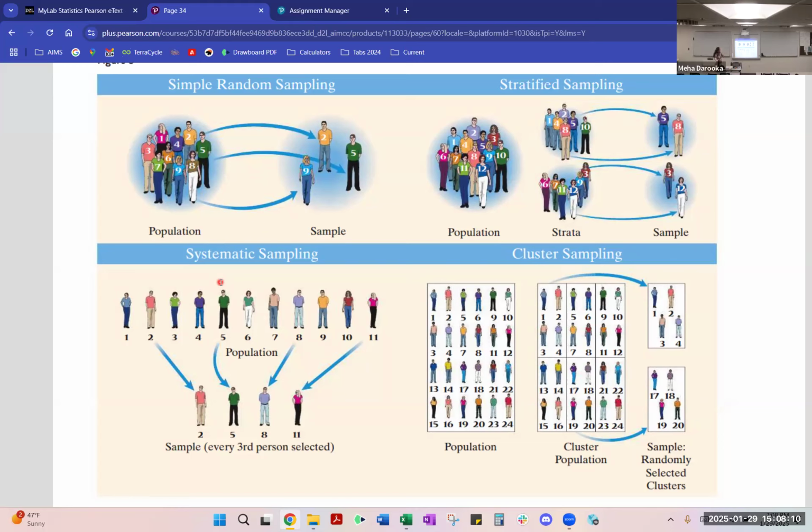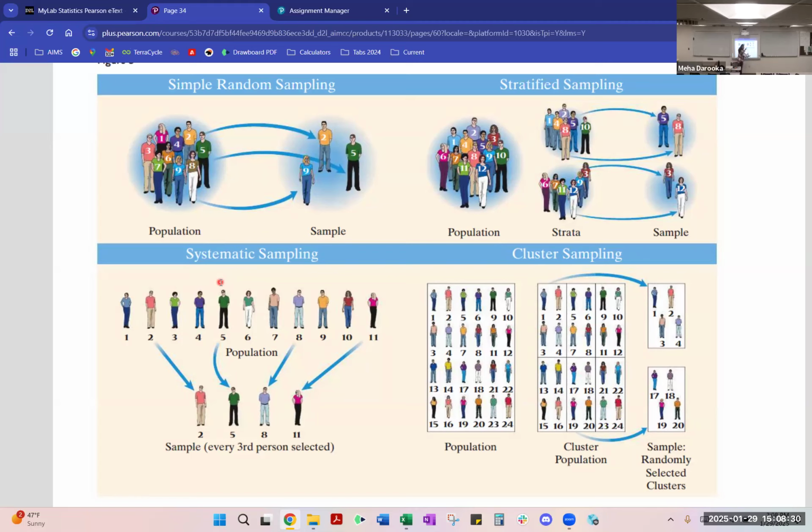And then you can see in cluster sampling, we've taken the first 12 people and created a group out of that. We've taken the last 12 people and created a group out of that. And then we've broken them into 3 separate groups each, for a total of 6 groups for the entire population.